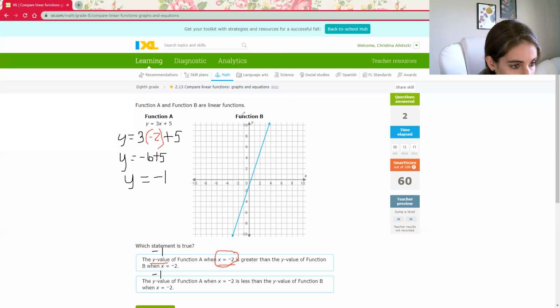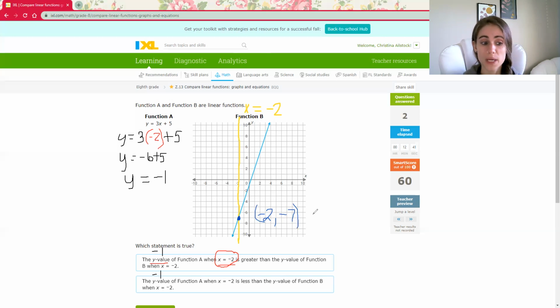All right, so right here is x equals negative 2, and that intercepts my graph right here. And that ordered pair is negative 2, and then it's between negative 6 and negative 8, so negative 7.